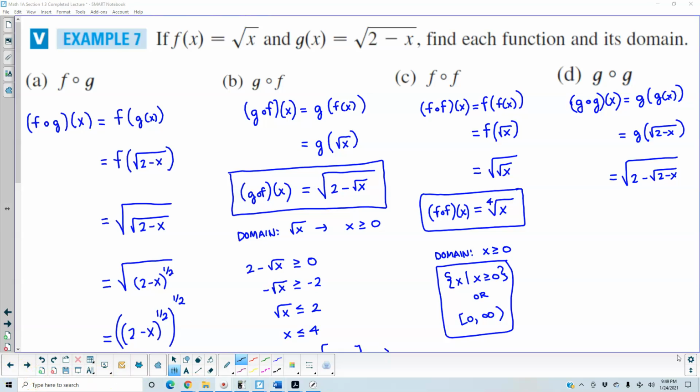Very similar to part B, we know that this is our result. And so we want to find a domain.